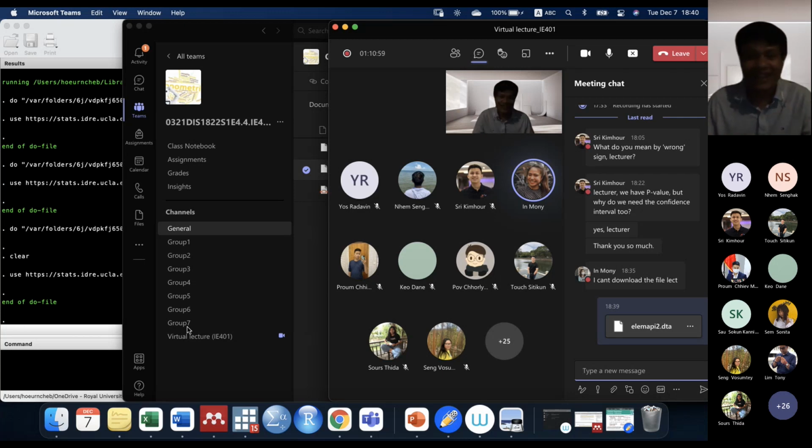All right, after download, move your data to your directory. You remember the last directory where you stored your data? Then you can click that directory to open the data.